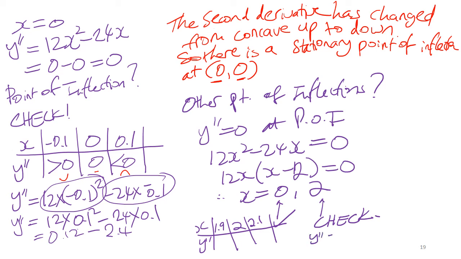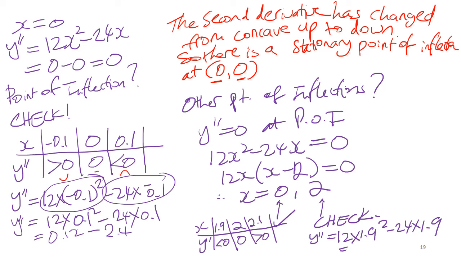We sub in 1.9 into y double dash, so it will be 12 times 1.9 squared, take away 24 times 1.9, and if you do the math properly, it is going to be less than 0. And at 2, we know it's 0. And if we do the same check for 2.1, the second derivative is going to be greater than 0.